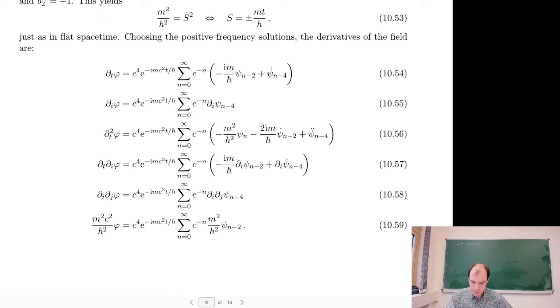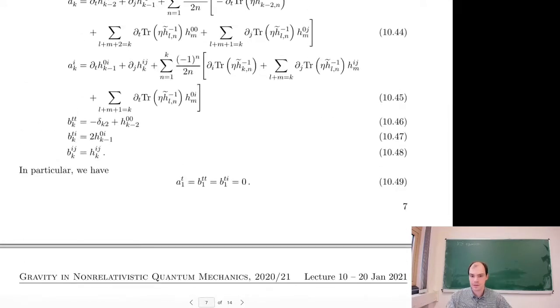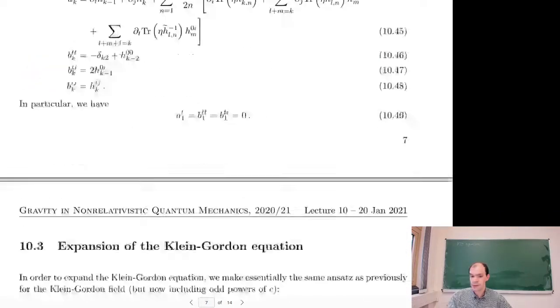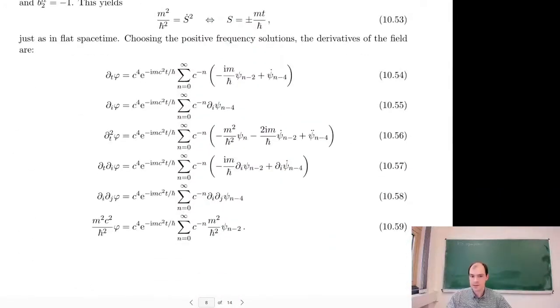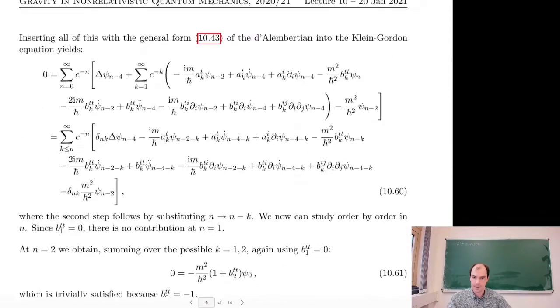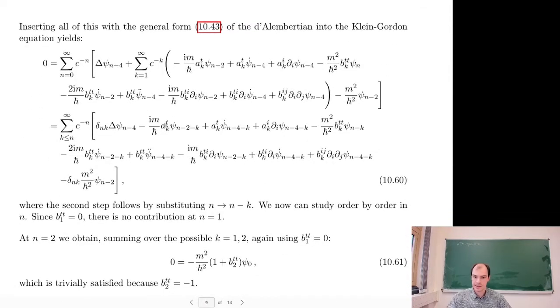So having this, it's now straightforward to write down the Klein-Gordon equation. All we have to do is use the equation that we found for the D'Alembertian on the left-hand side. So we use this form 1043 for the D'Alembertian on the one side, and we use these derivatives, and we insert all of this into the Klein-Gordon equation, and what we end up with is this lengthy expression here.